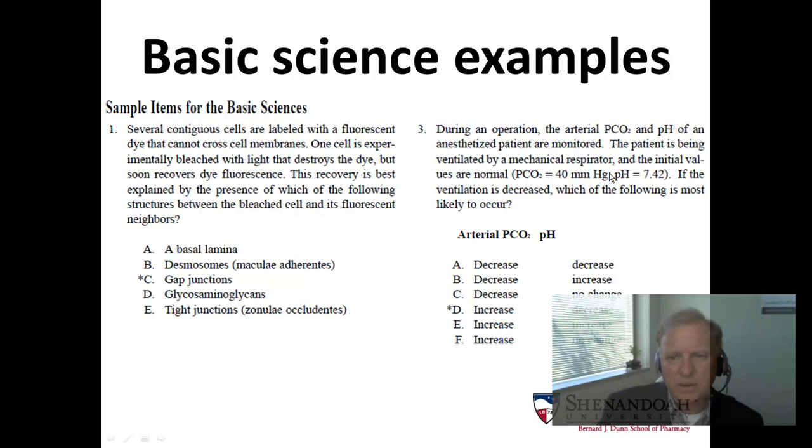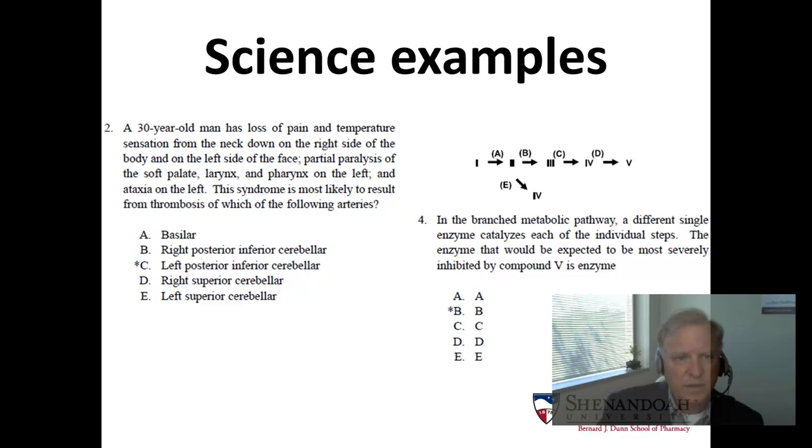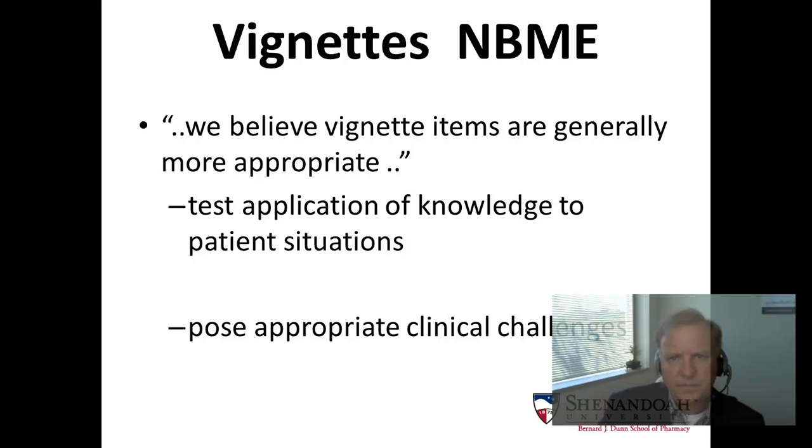They give you patient information, make you assess different things, whether they're going up or down or no change. There's some powerful cognition going on to answer these questions. More good examples. So there's no shortage of good examples on how to write up your questions as vignettes and provide good options. The NBME believes that vignettes are generally the most appropriate way to test this knowledge, because they pose appropriate clinical challenges.